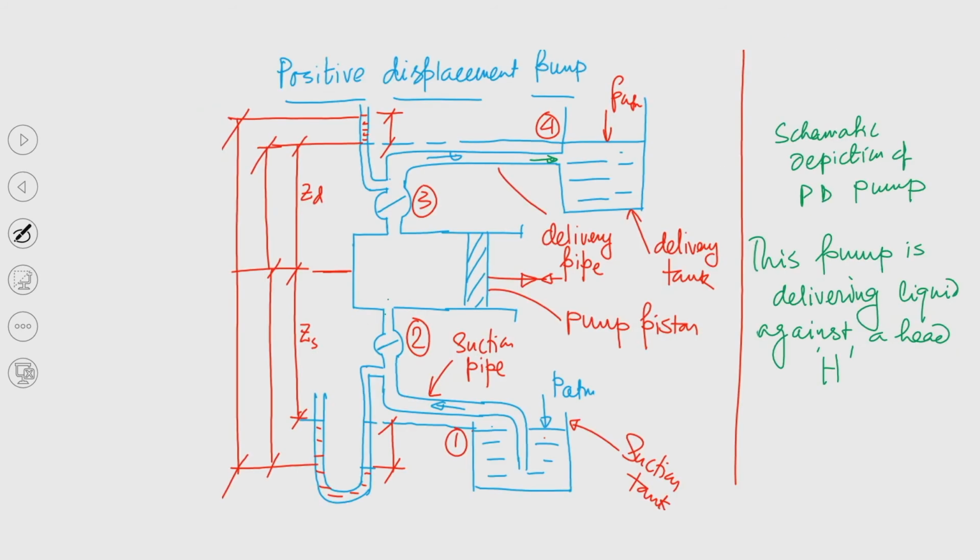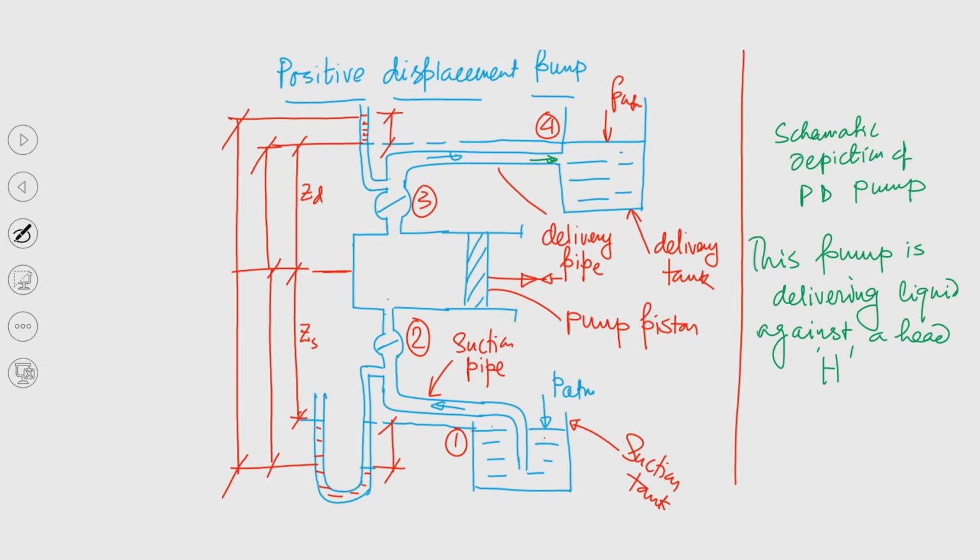We are considering point 2 and point 3, so we can consider this height Zs. The length of the cylinder we are not going to consider for the analysis, otherwise it will be very difficult. If the length of the pipe is not that much, that assumption will not be a very bad assumption.